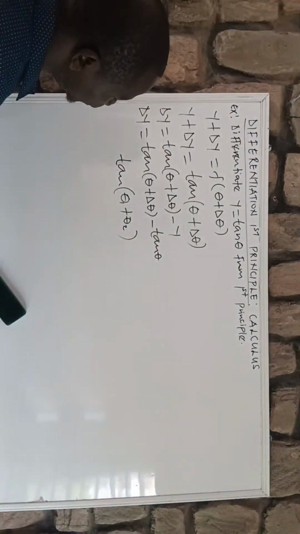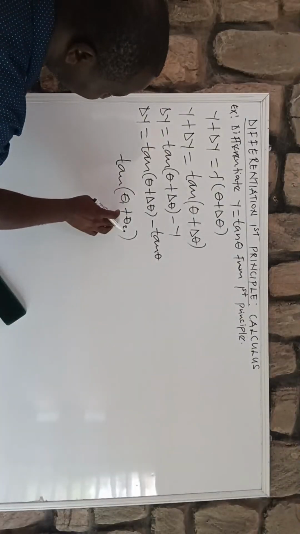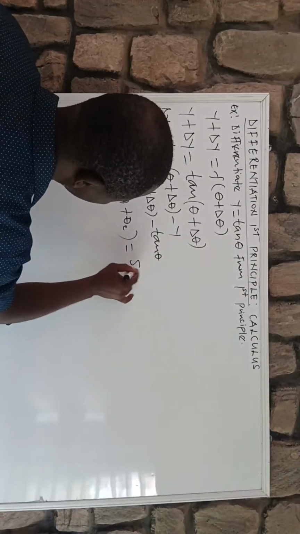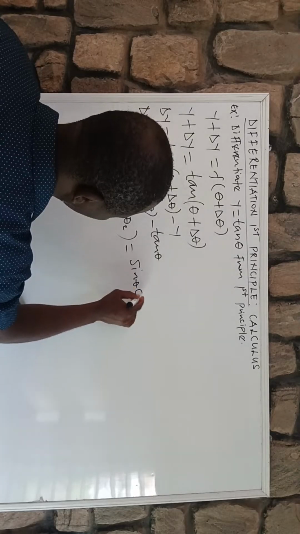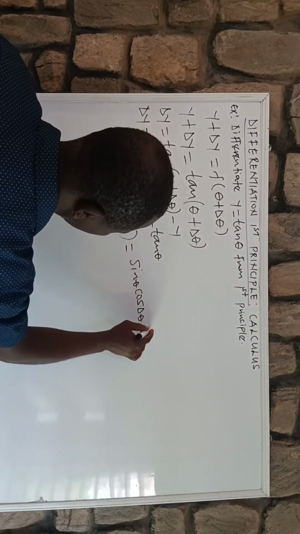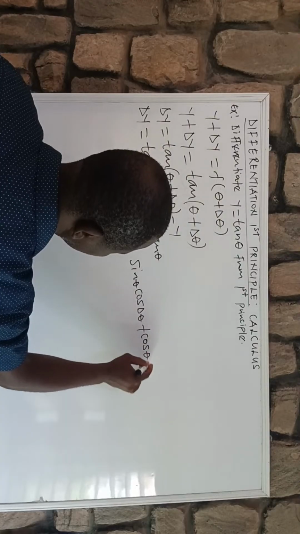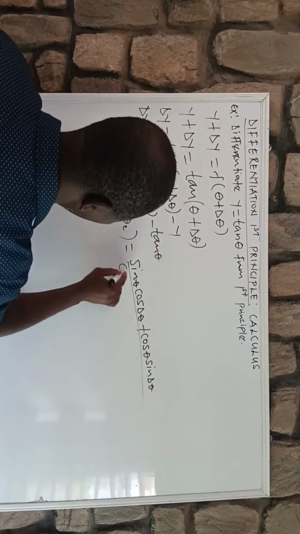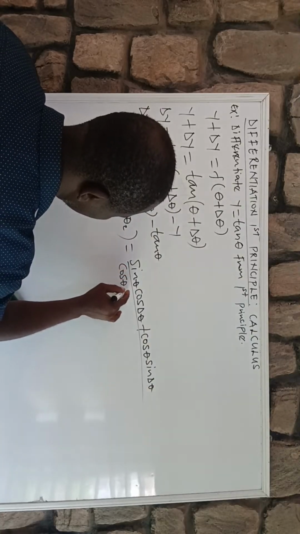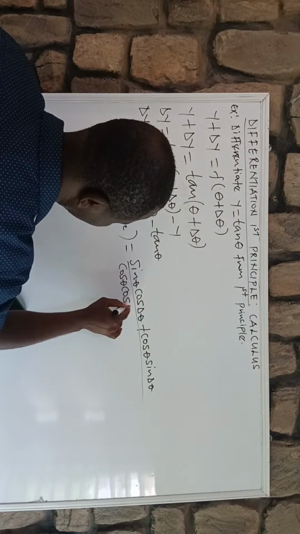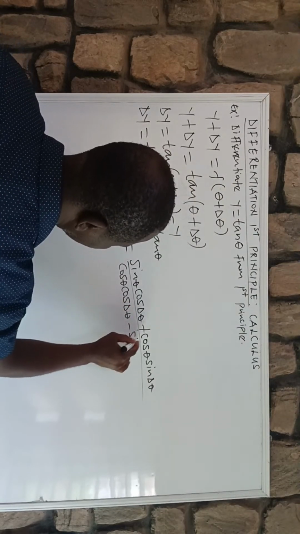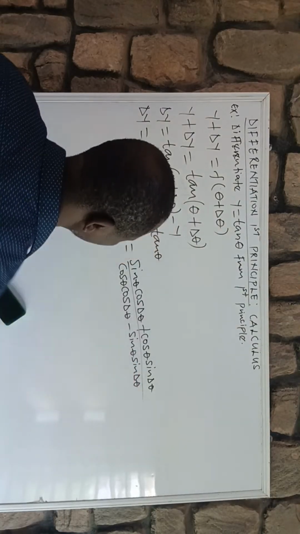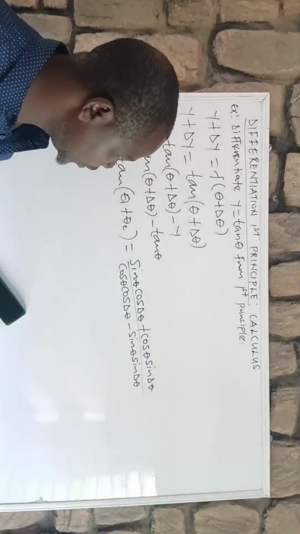So you know that the formula for this is given as sin theta cos delta theta plus cos theta sin delta theta, all over cos theta cos delta theta minus sin theta sin delta theta. Do you agree with me?